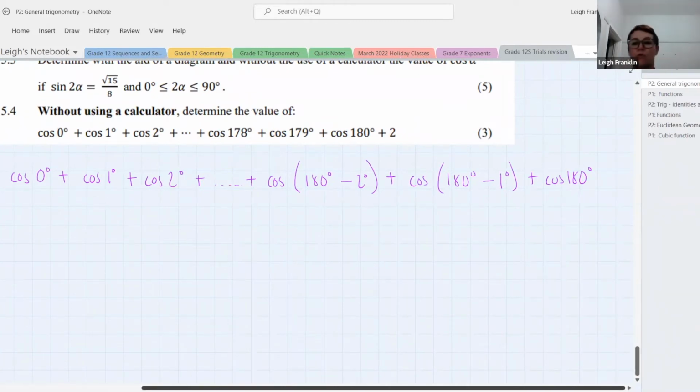If we think about our graph, cos 180 would be -1, isn't it? Plus our 2 at the end.